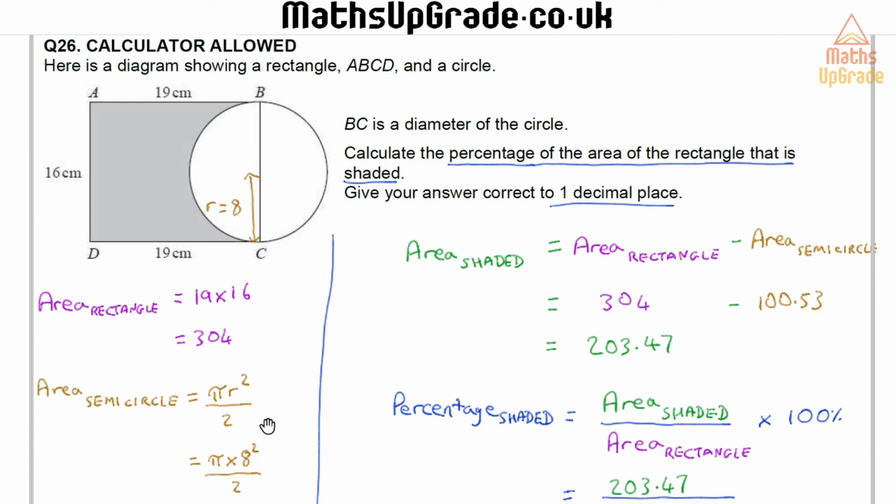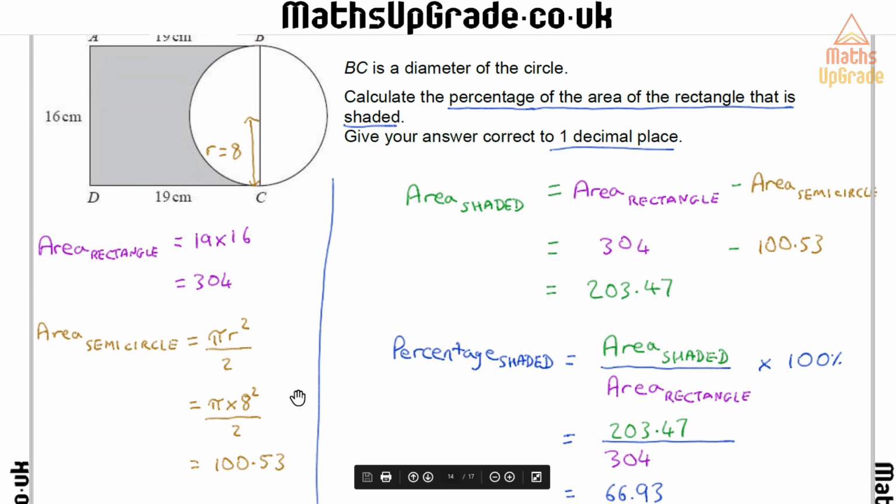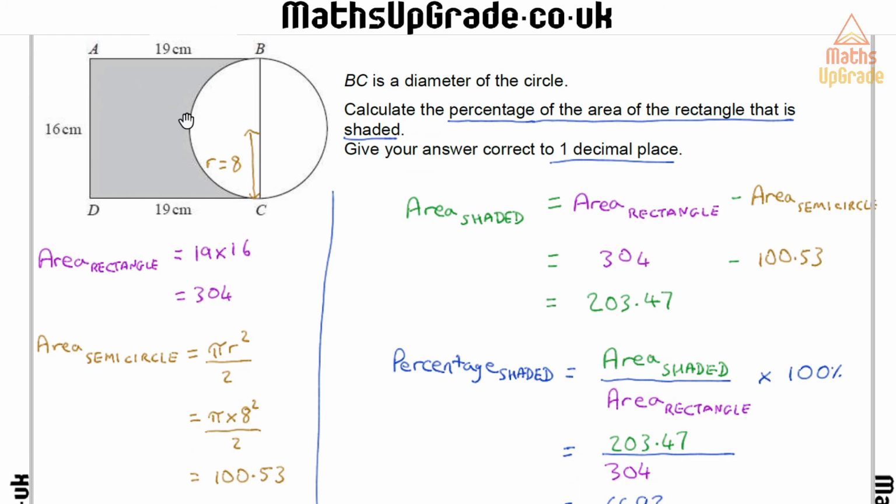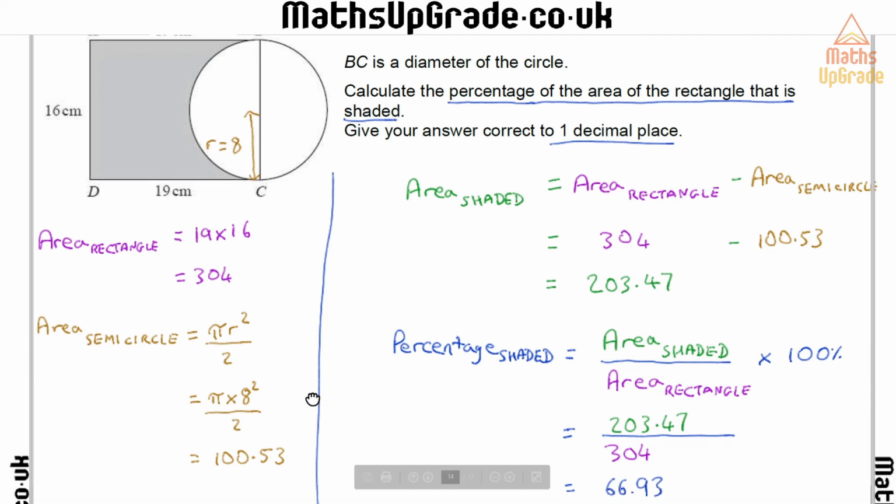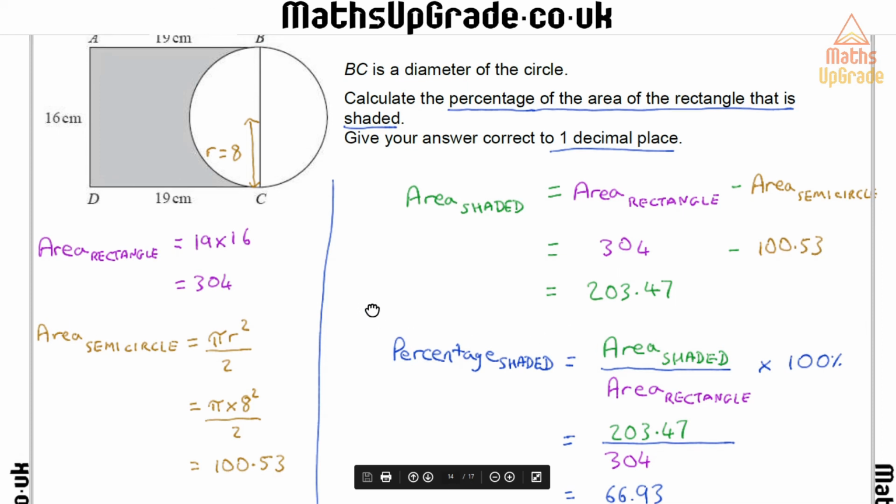So pi r squared divided by 2 gives me 100.53. So the shaded region of this shape is the area of the rectangle, subtract that area of the semicircle. So 304 subtract 100.53, which gives me 203.47.